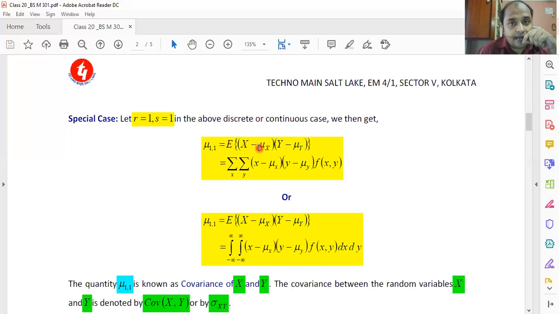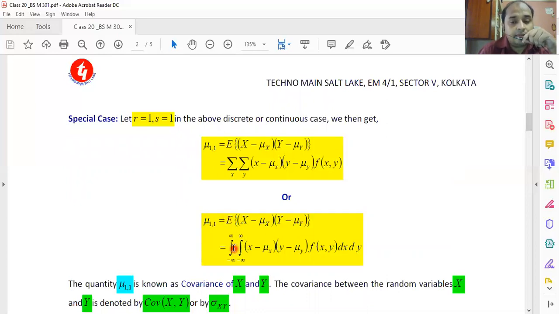become capital X minus mu x raised to the power 1 and capital Y minus mu y raised to the power 1. So actually we are taking the expectation of the product of these two quantities, which is similarly defined as a double summation over these quantities. And similarly, if we consider the random variables to be continuous, this can be expressed in terms of integration.